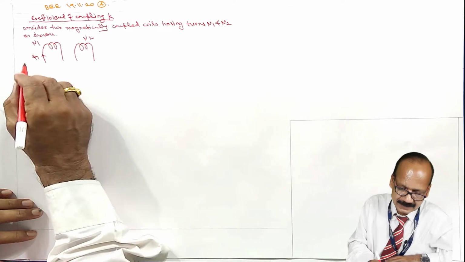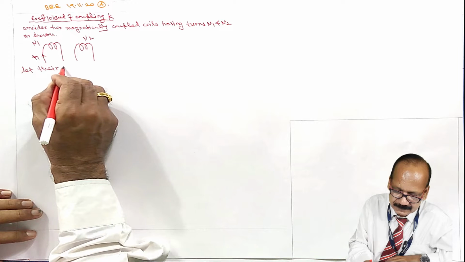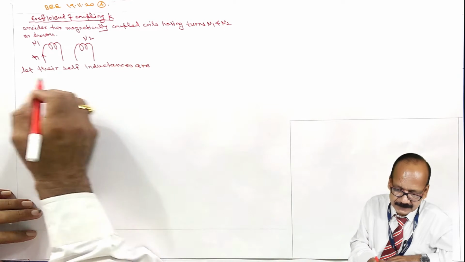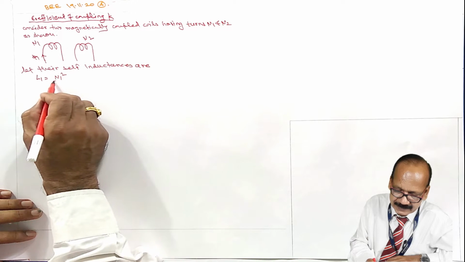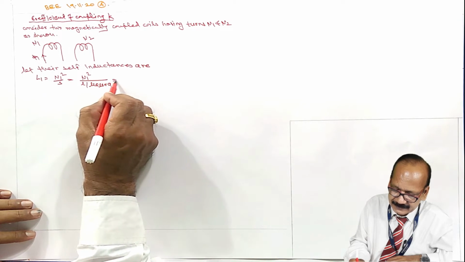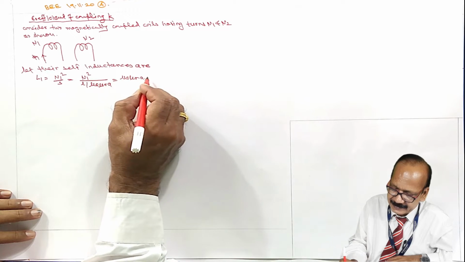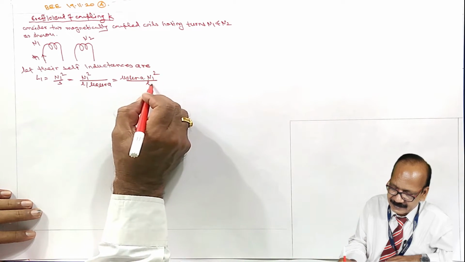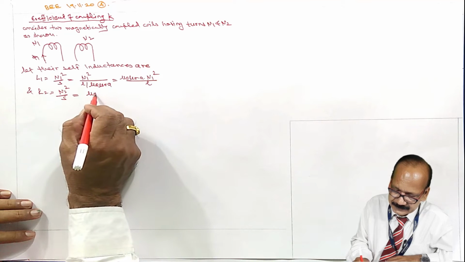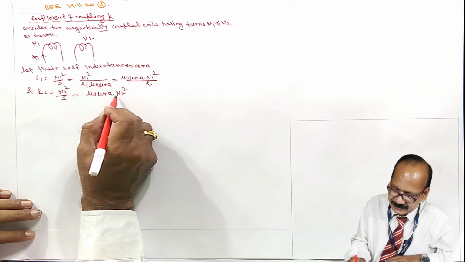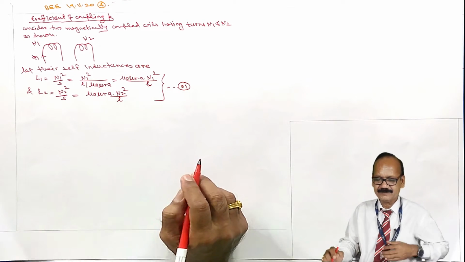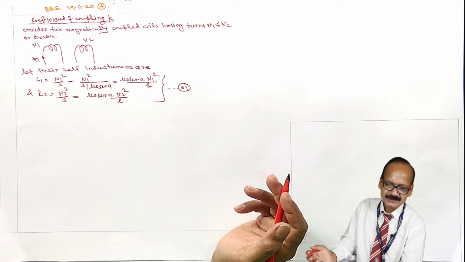Let their self-inductances be L1 equal to N1 square upon S, equal to mu0 mu r A into N1 square upon L, and L2 equal to N2 square upon S, equal to mu0 mu r A N2 square upon L, where L is the length of the magnetic path and S is the reluctance of the magnetic circuit.